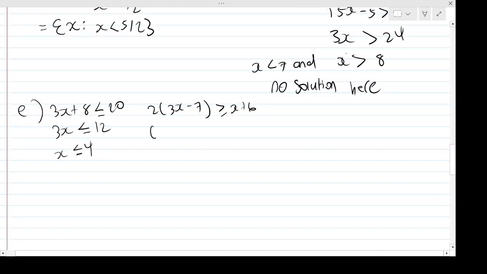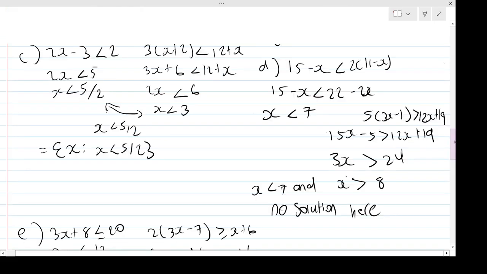Then I'll expand the bracket to get 6x minus 14 is greater than or equal to x plus 6. Then I'm going to take away x to get 5x, and add the 14 to get greater than or equal to 20. That means x is greater than or equal to 4.